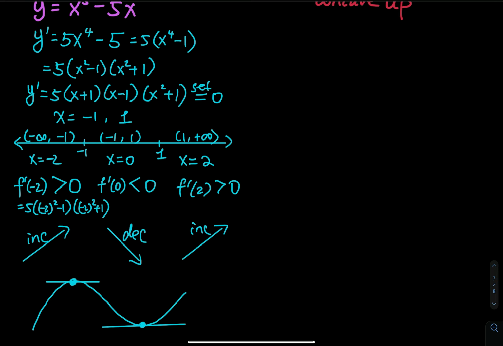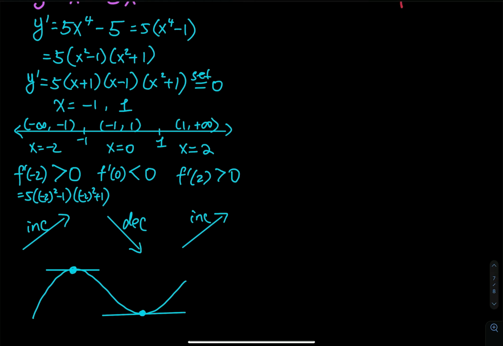What is the slope of a horizontal tangent? The slope is equal to 0, and that's why we set the first derivative equal to 0. The purpose is that it helps me study the increasing or decreasing behavior of each interval.